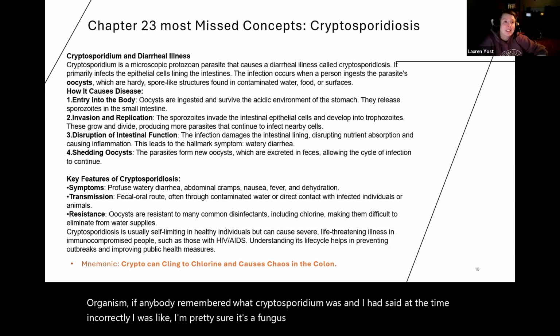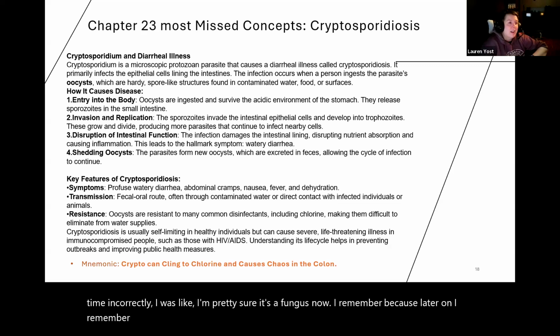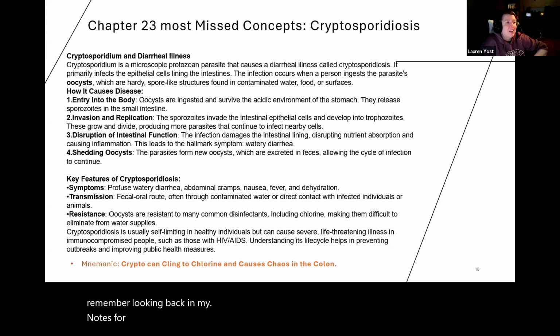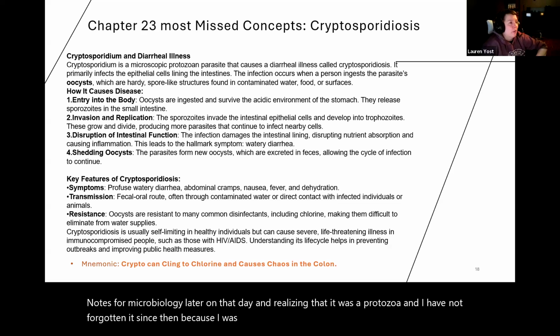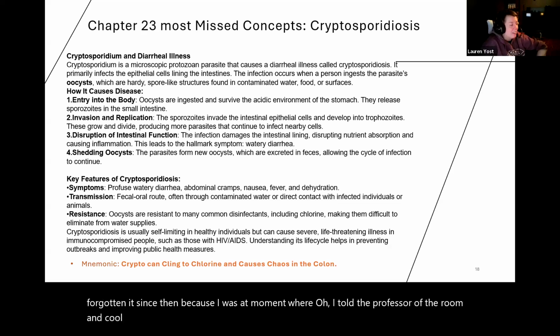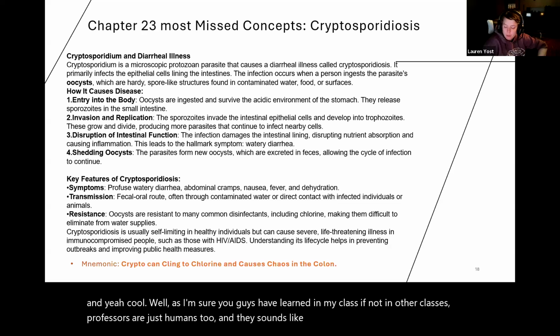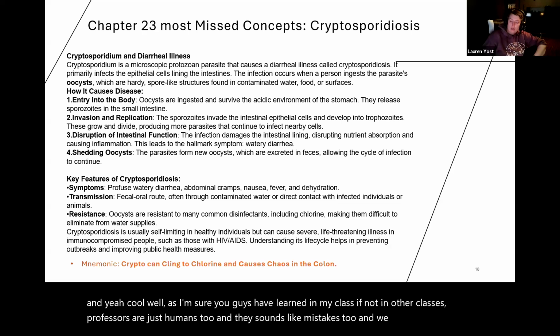Later that day, I looked back in my microbiology notes and realized that it was a protozoa. And I have not forgotten it since then, because that was the moment where I realized I told the professor the wrong thing. Well, as I'm sure you guys have learned in my class, if not in other classes, professors are just humans too, and they sometimes make mistakes too. And we have our own issues with recall and things like this.